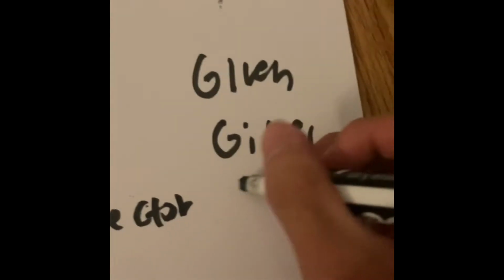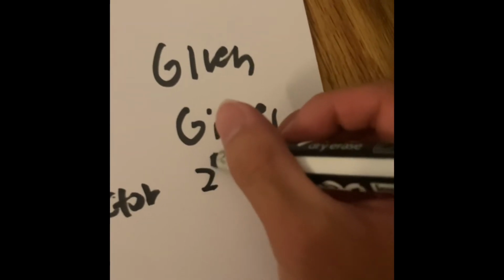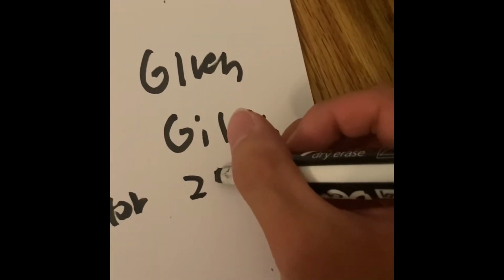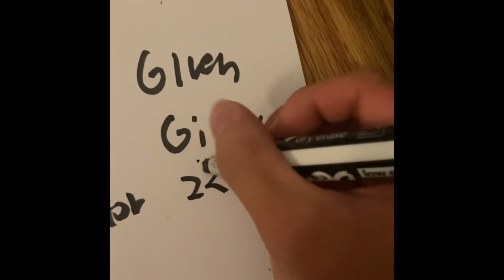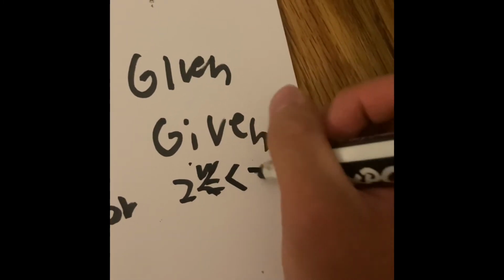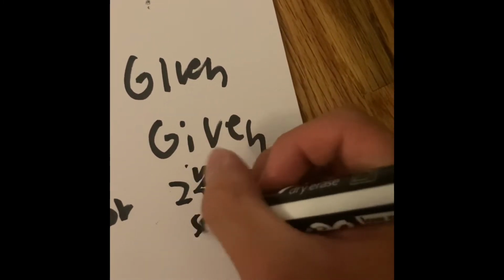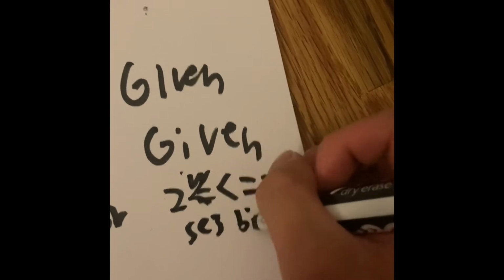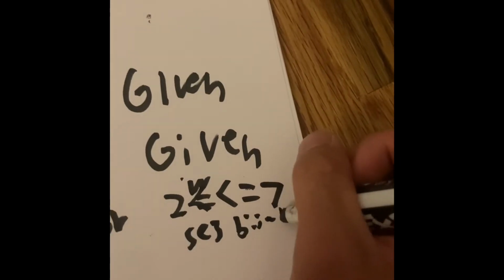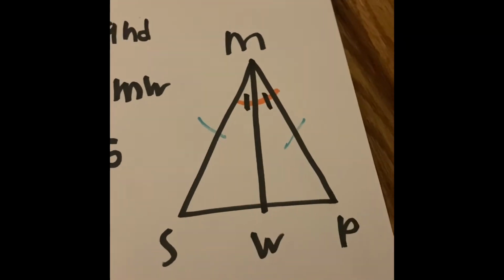And the reason why is two congruent angles will bring you a segment bisector. So this right here is a segment bisector.